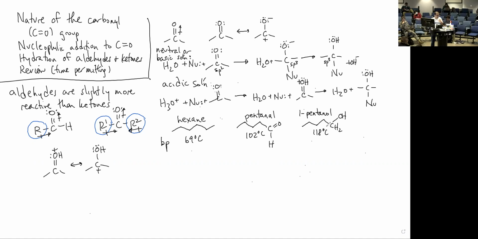You talked about these intermolecular forces in Gen Chem, but these are attractive forces that we need to overcome in order to separate individual molecules one from another. And in order to go from a liquid to a gas, isn't that exactly what we're asking the molecules to do, to separate from each other into larger distances? So in order to do that, we need to put in more energy in the form of heat for pentanal and 1-pentanol. And so that's reflected in the higher boiling points.